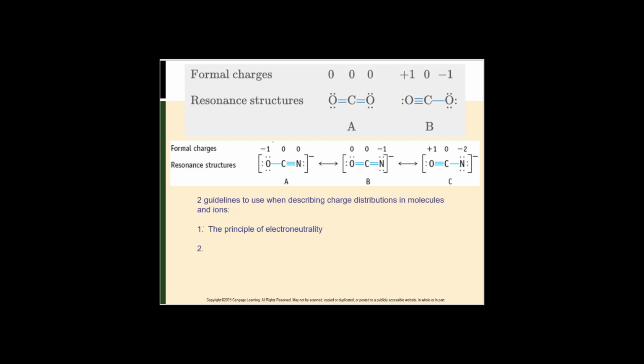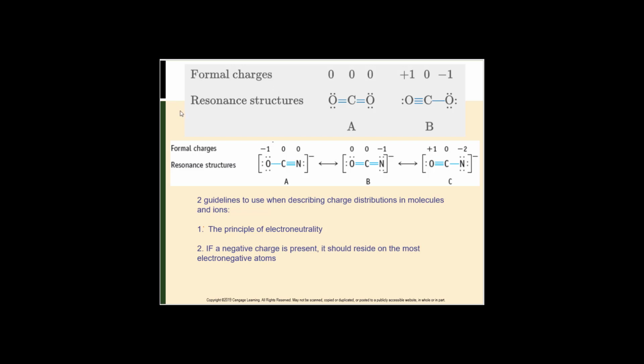Electrons will be distributed in such a way that the charges on all atoms are as close to zero as possible. And secondly, if a negative formal charge is present, it should reside on the most electronegative atoms. Similarly, positive charges are expected to be on the least electronegative atoms.